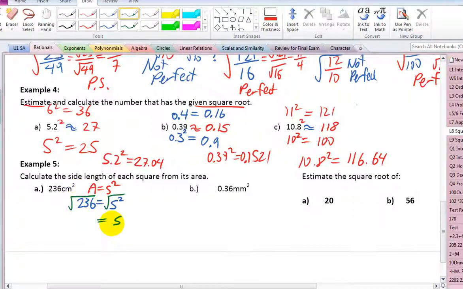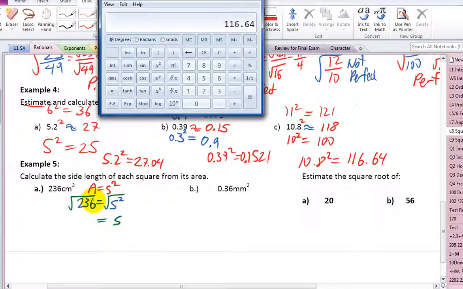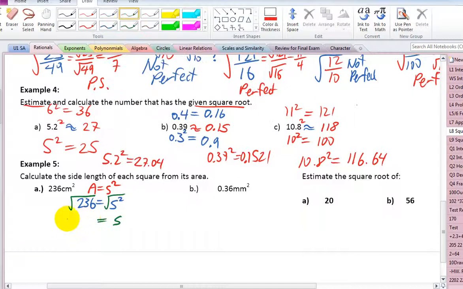So what does S equal? Notice how the square and the square root cancel. You're left with the letter S. Okay, so the square and the square root cancel. So the square root of 236 is 15.36. So this one, A equals S squared.